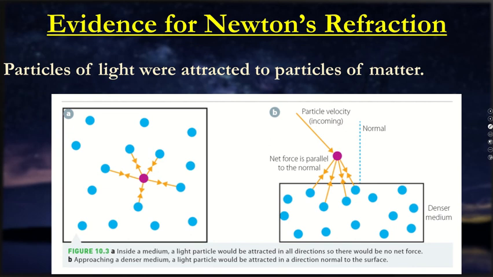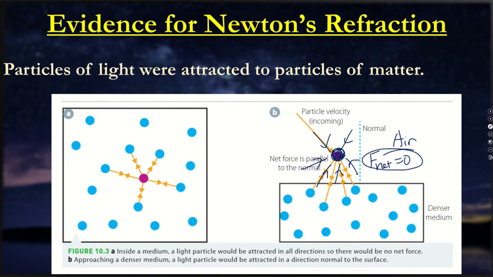So, just to start off, Newton basically said that if light is acting as a particle, the reason why it doesn't refract in its own medium, in this case let's call this medium air, the reason why it doesn't get pulled in any particular direction is because it's being pulled in all directions. So the net force on this particle equals 0, so it can't be pulled in any other direction, that's why it doesn't refract.